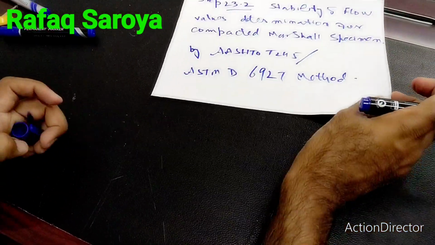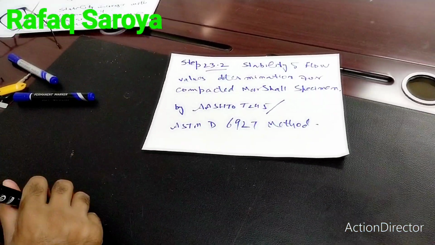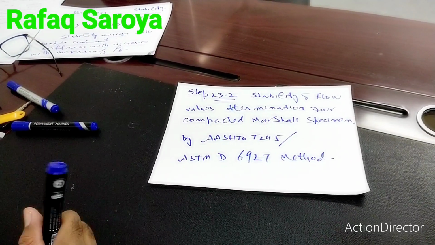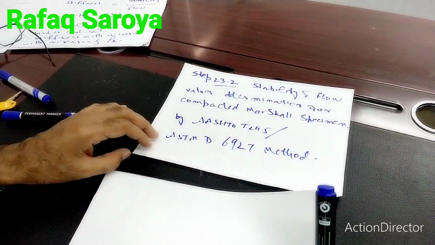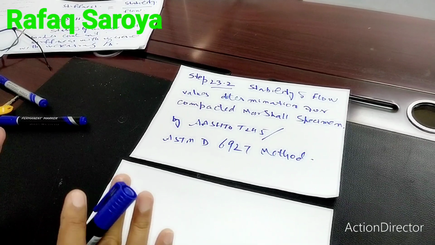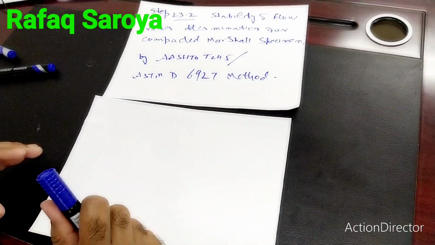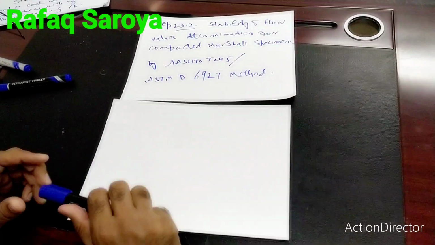Here I would like to tell you one thing about the formation of the Marshall specimen. I have already explained it in much detail, and I have already uploaded many videos on how the stability test is performed. Here I will only tabulate the result.